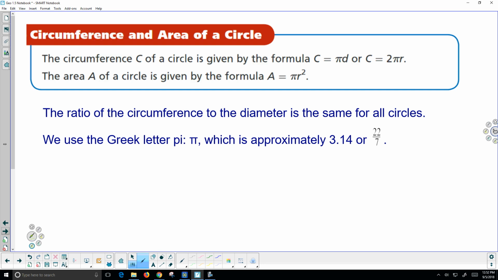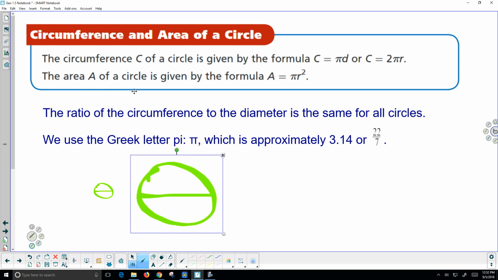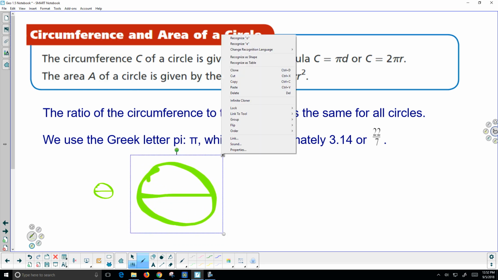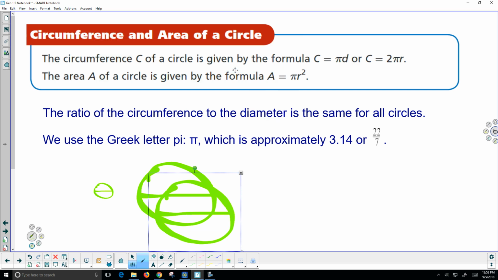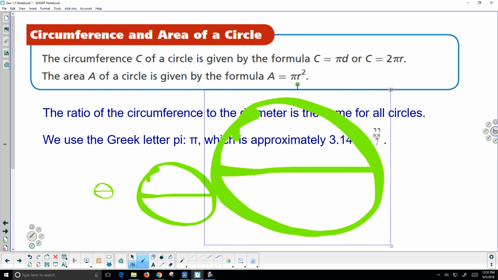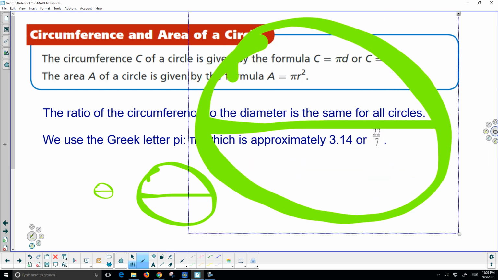The ratio of a circumference to the diameter of the circle is the same for all circles. So it doesn't matter if I have this little baby circle right here, or this medium-sized circle, or this really enormous circle.